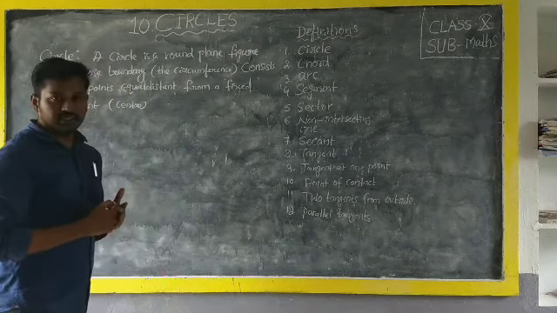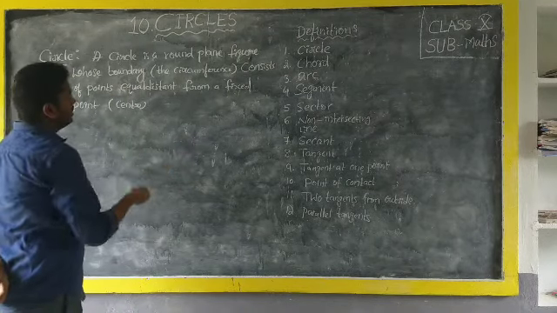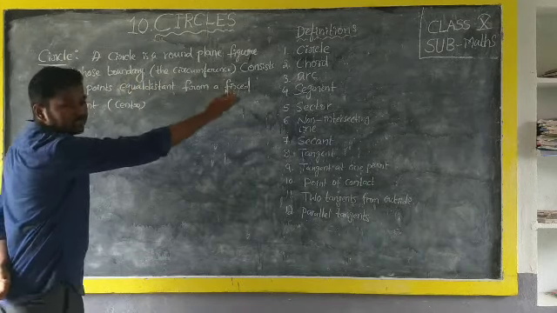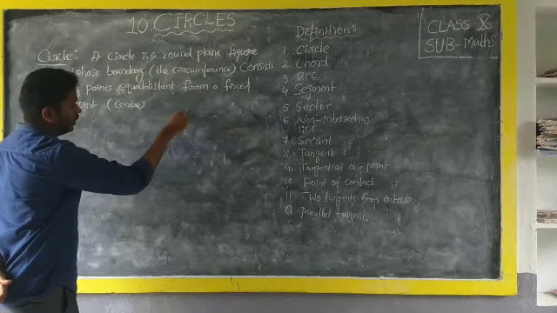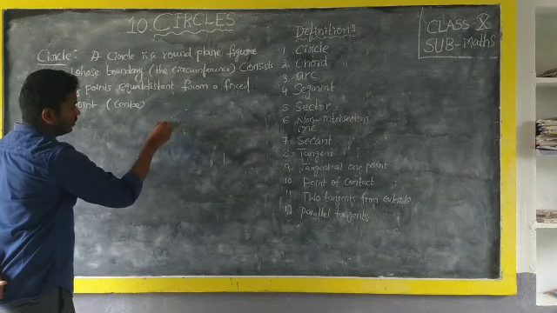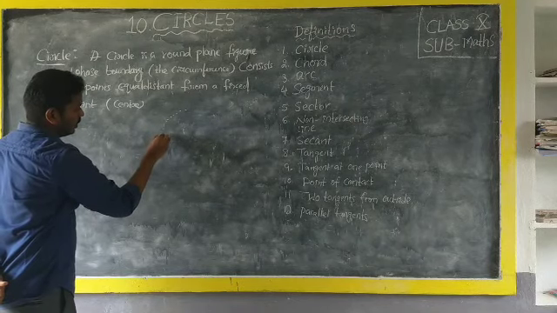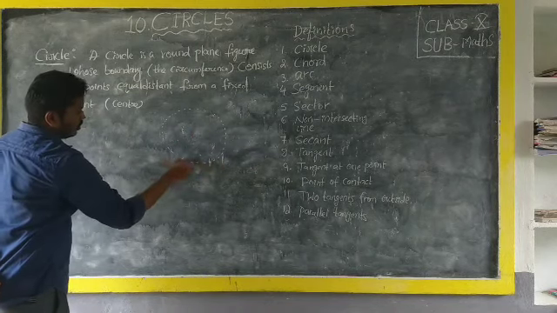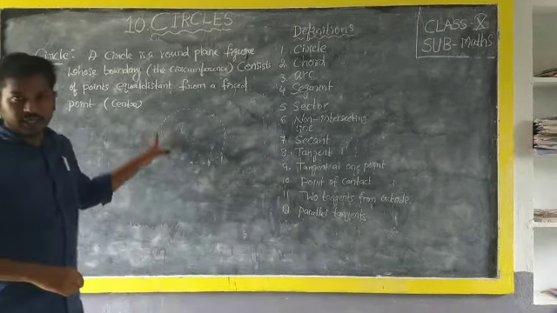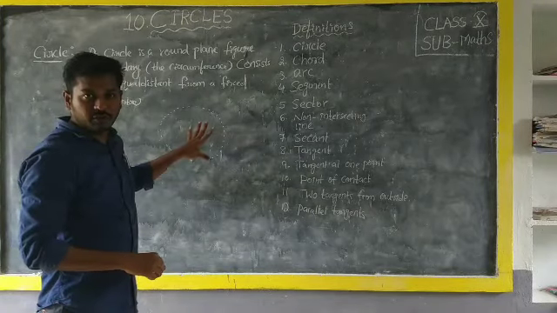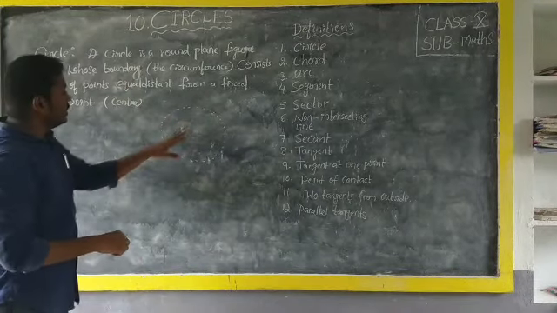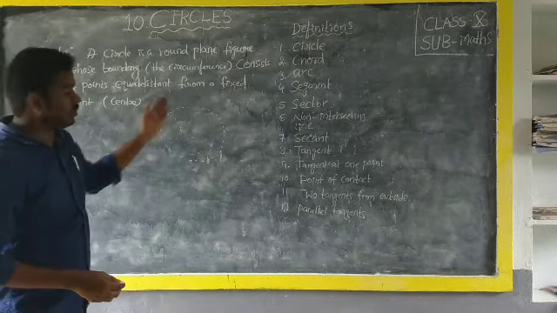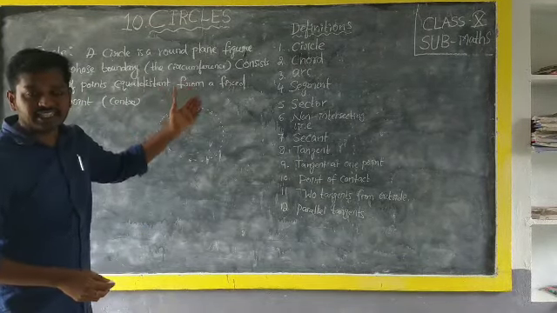Now I have to construct a circle. It is a round plane figure consisting of points, and these points are equal distance from a fixed point, that means equal distance from a center.